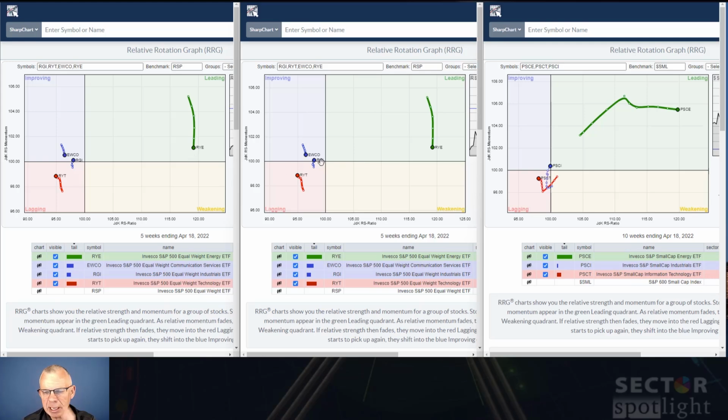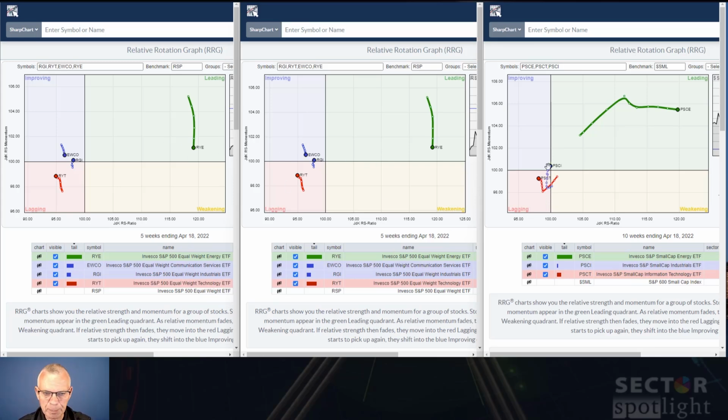And the equal weight and the large cap, they're similar. Here's energy, here's communication services, industrials, and technology. They're identical. The differences are when you start to look at small caps, especially when you see energy. Energy in small caps is still moving higher on the RS ratio scale at a stable momentum. So the small cap energy stocks didn't go, or are not going, through the correction, the pause that we see in the large cap and the equal weight.